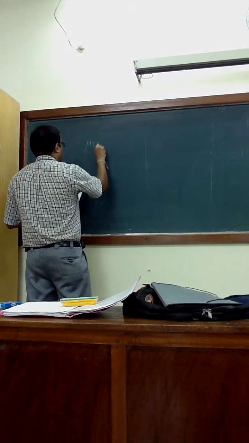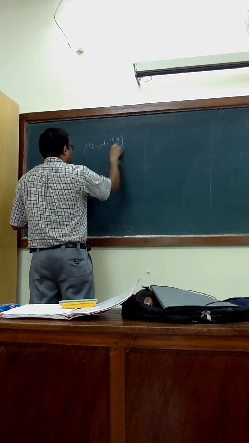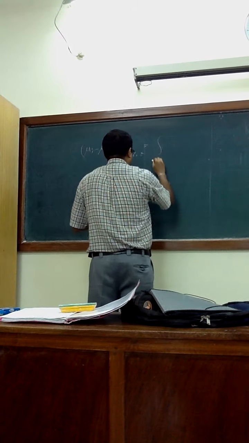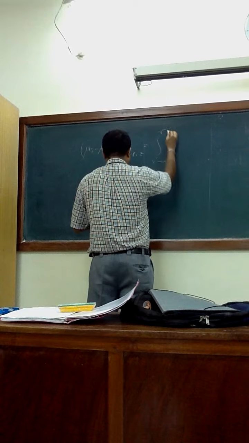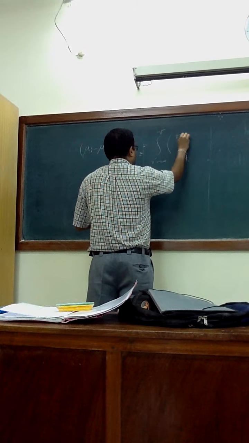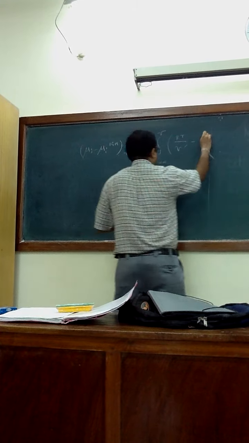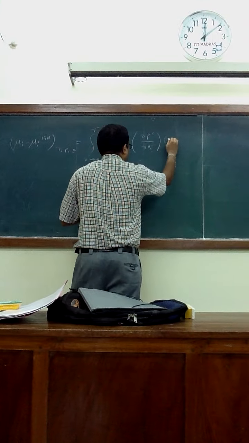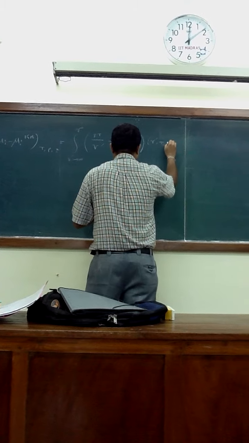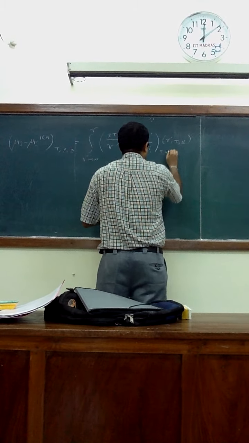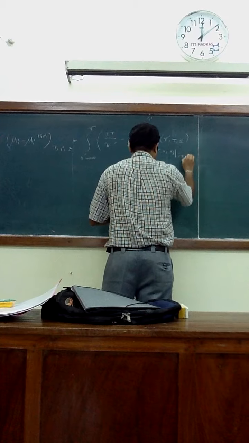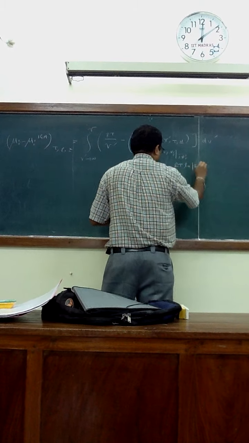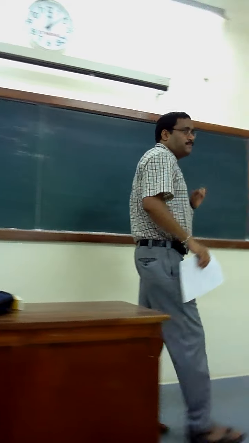This is the thing you have to remember: mu I minus mu I IGM at T, P, n equals the integral from V prime to V of RT by V prime minus dou P by dou n_i at T, V prime, n_j (j not equal to i) dV prime minus RT ln Z. The same formula we are using.